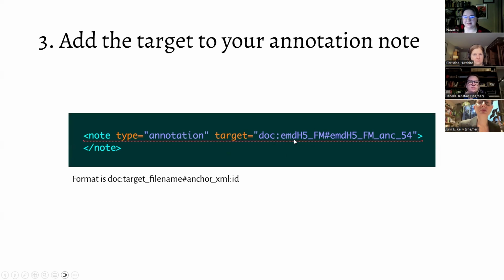Then it's going to have the file that contains the thing we're linking to. Here it's the folio modern version of Henry V, so EMDH5_FM. Then it's got a hash character to say to our processor, hey, within this modernized file, I want to link to a thing. Here's the XML ID of that thing. And the XML ID of that thing is the XML ID of the anchor that we want to link to.